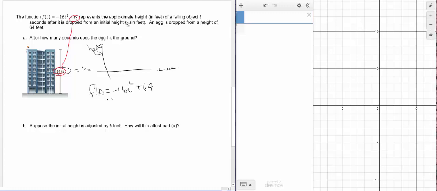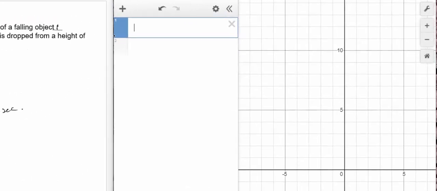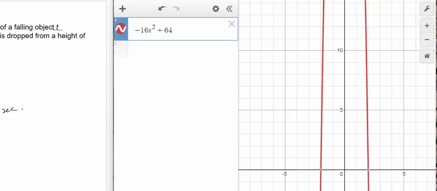When you're using the graphing calculator Desmos, we change all the inputs to x's because it deals with that better. Over here, we'll type minus 16x squared plus 64.